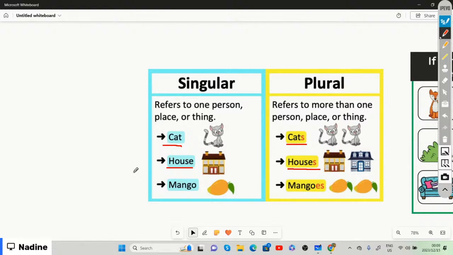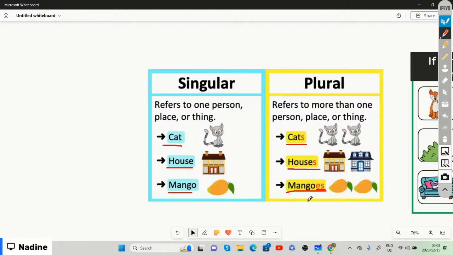And then we have mango, right? One mango, which is a fruit, which we can classify as a thing. So one mango. But now, if we want to show that there's more than one mango, then we say mangoes. So basically, we added the es.